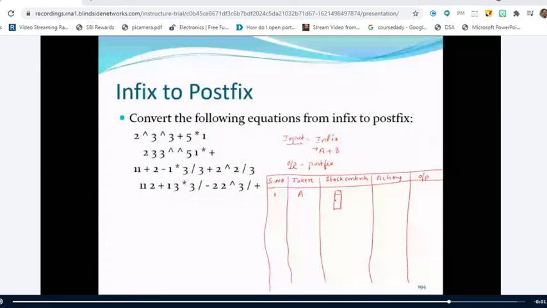Let me take the size as 4. It is an operand, so what do you have to do? Print it. So the action you perform is print as output.